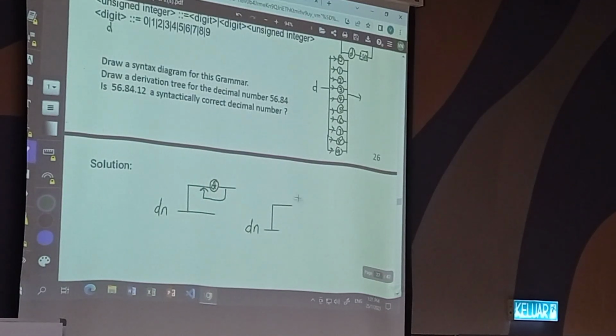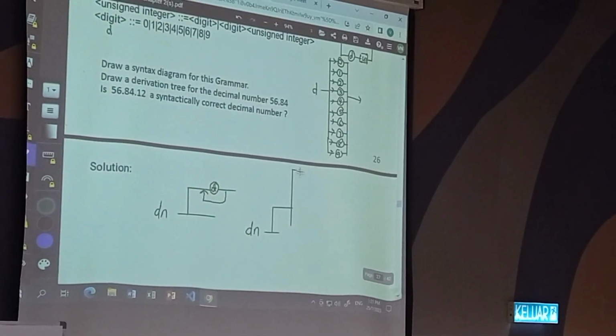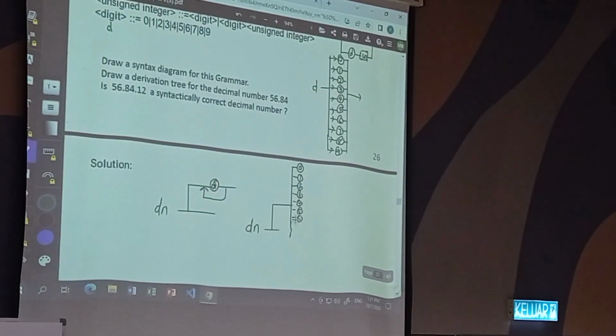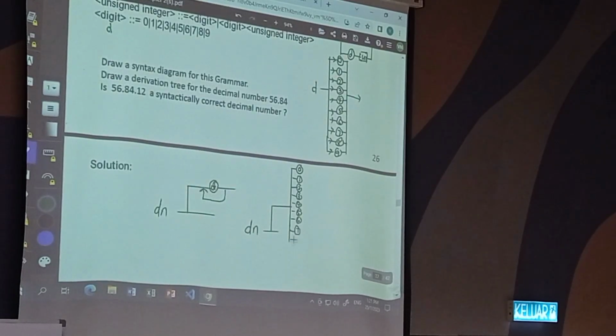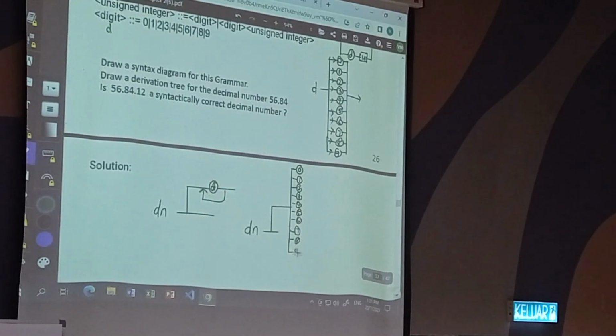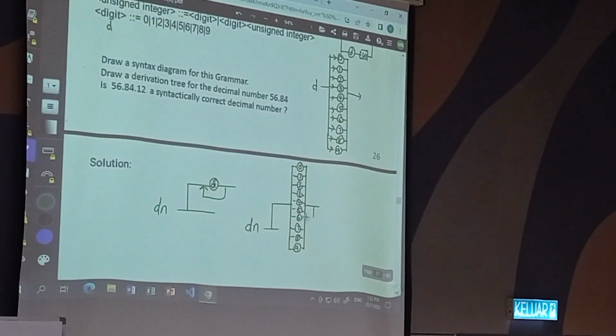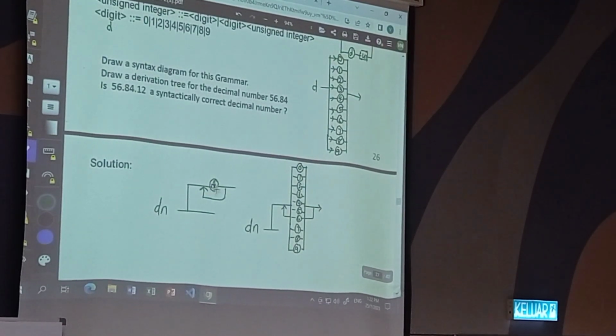I replace everything here. This is one of them, digit substitute with this.